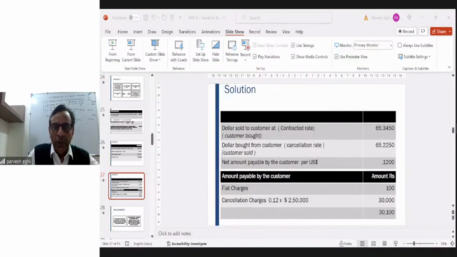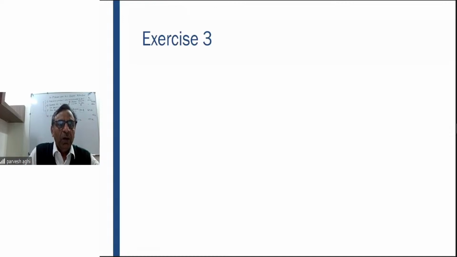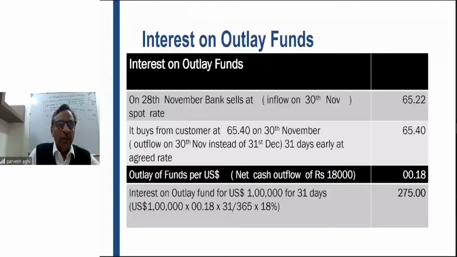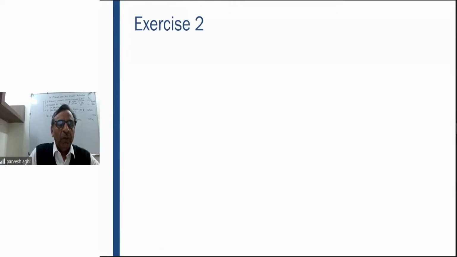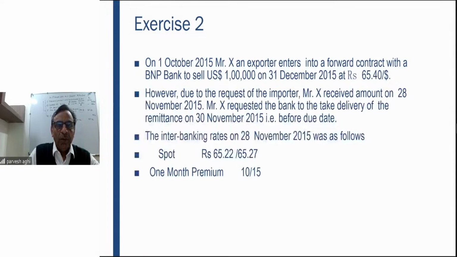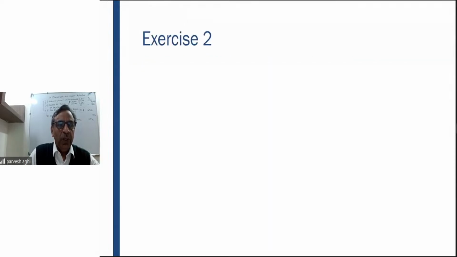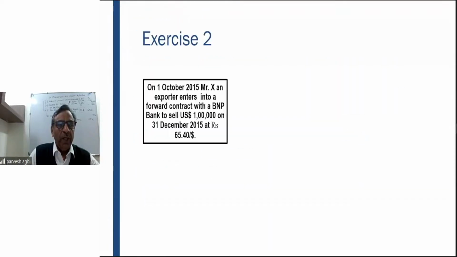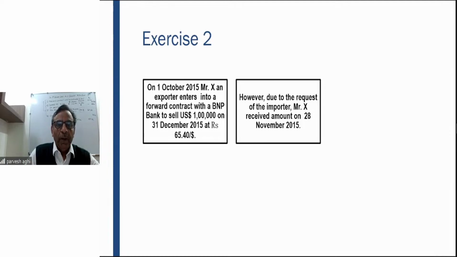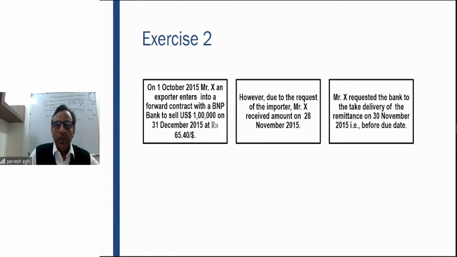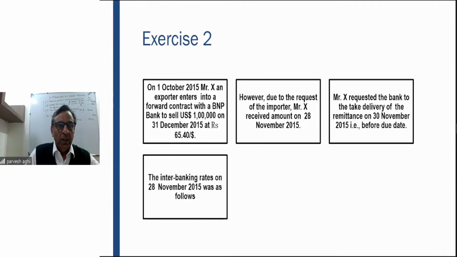Now it will all depend upon the question. If you just go back to the question again, here you're talking about this question, okay? Where X enters into a contract, and on the due date X receives the amount, the bank takes delivery, the bank rates.